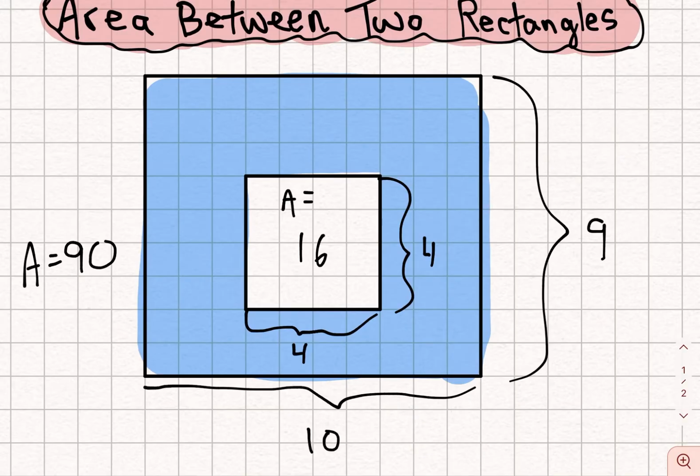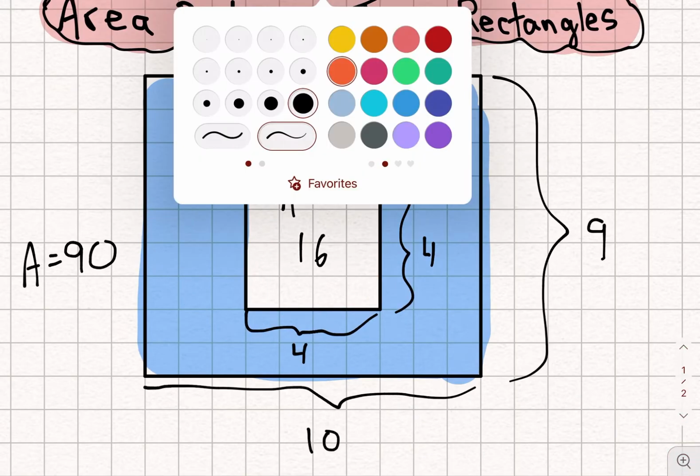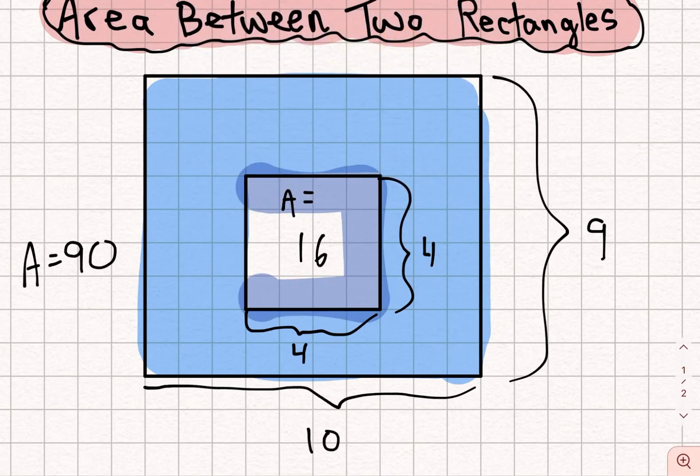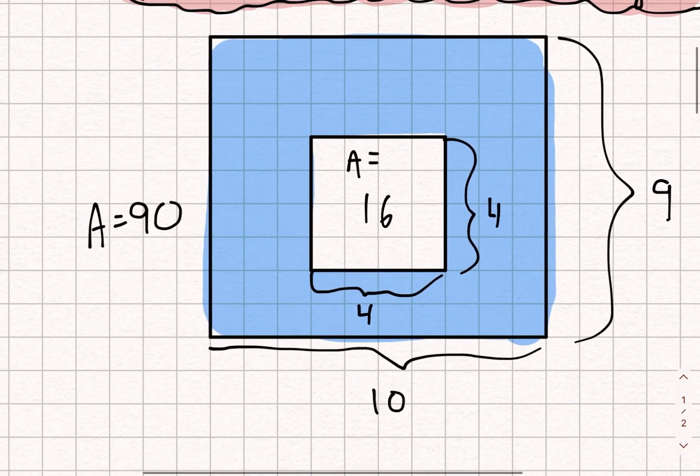Well, imagine that there was no missing piece. Let's just imagine this is a big blue rectangle like this. Well, if that were the case, and we were to take away that middle rectangle, we'd be subtracting out that small square in the middle. So what this becomes is a subtraction problem.